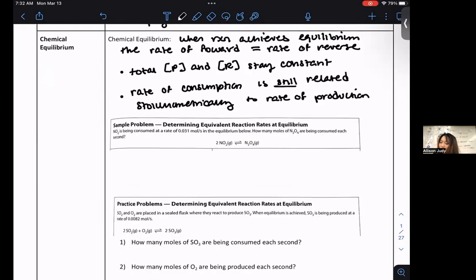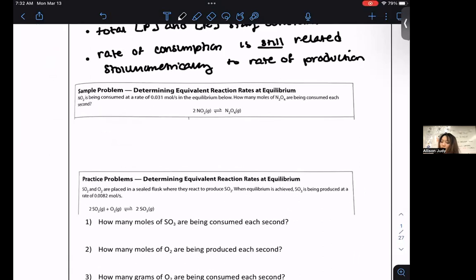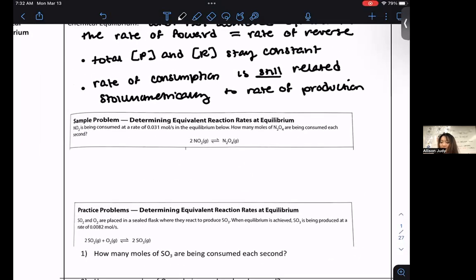And so let's just quickly look at a couple example problems of how we can use rate to predict amount being formed or being consumed in a reversible reaction. So what we have here is NO2 is being consumed at a rate of 0.031 moles per second in the equilibrium, so reversible reaction below. How many moles of N2O4 are being consumed each second?